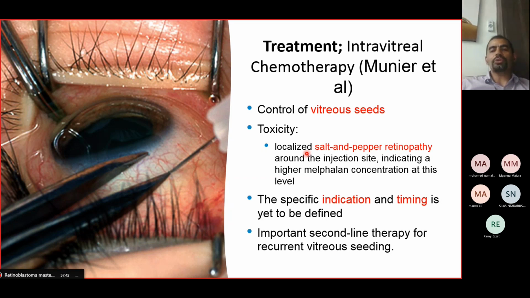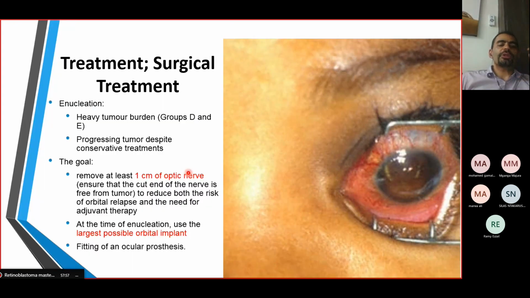So as I mentioned to you, we need to prevent the reflux of the malignant cell to the outside of the eye, so that we decrease the incidence of local and distant metastasis.